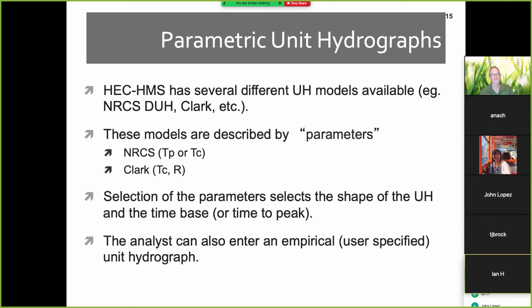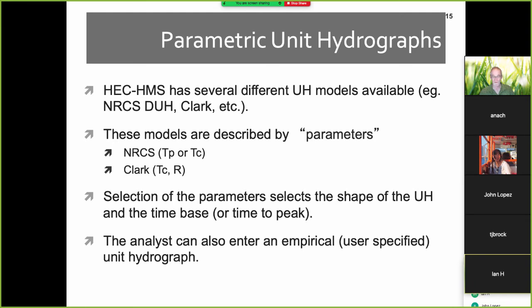And then the parameters have been associated with physical properties of the watershed by the various authors, and the ones that survived into the software are the ones that have worked well throughout the world. The selection of the parameters selects the shape of the unit hydrograph, the time base, and the time when the peak occurs.